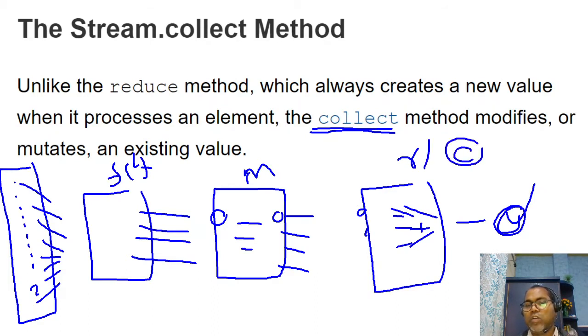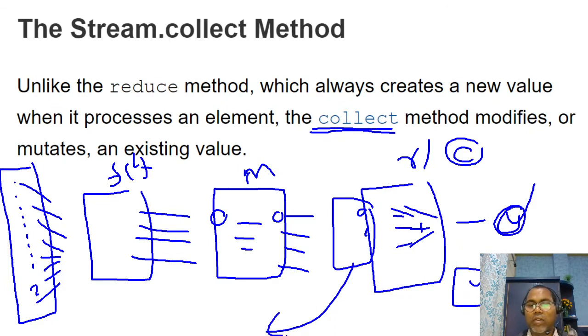Collecting generally means I want to collect all the values in the form of a list or a set. I don't want to just print on the screen or perform reduce operations. I want to collect all the values and return them to some list, some collection, some set.